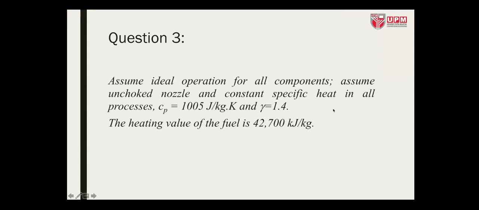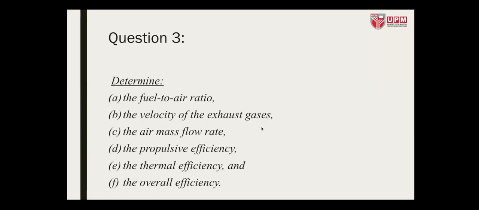In this case, we assume the specific heat ratio for the air is 1.4. The heating value for the combustion chamber, the Q, is 42,700 kilojoule per kilogram. There are six things that need to be identified in the question.